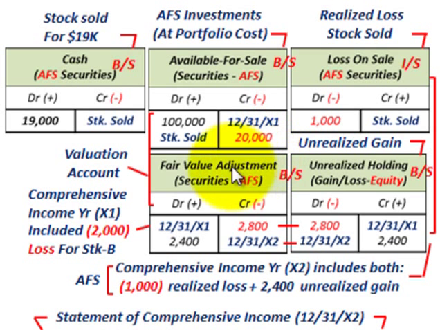Okay, so now let's move down to this fair value adjustment and get at what we're going to have to do. For that first year, we had that unrealized loss of $2,800. So we'd have credited our fair value adjustment by $2,800. And if we didn't go into it, this fair value adjustment account is a valuation account, and that directly increases or reduces our available for sale investments at their cost.